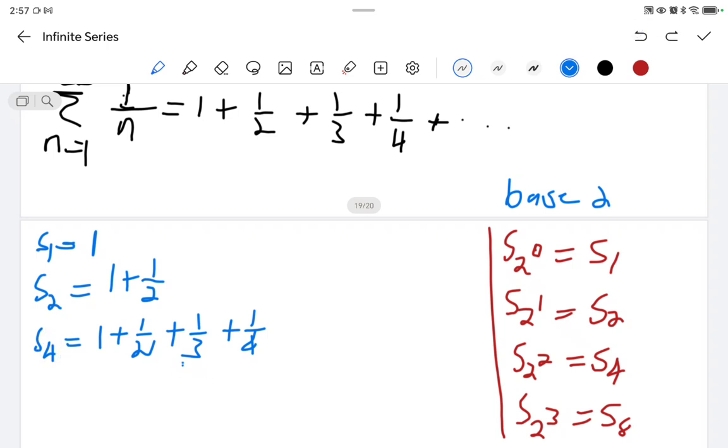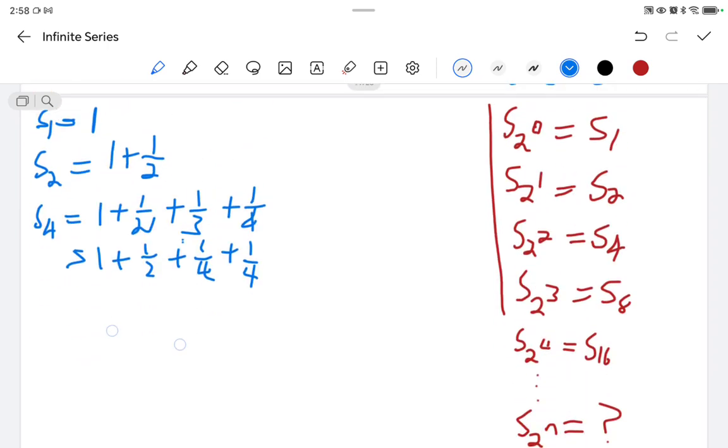If I have anything that is not of base 2 here, I must change it to 1 over 4. That means this is greater than 1 plus 1 over 2 plus 1 over 4 plus 1 over 4, which is 1 plus 1 over 2 plus 1 over 2, since 1 over 4 plus 1 over 4 gives 1 over 2.